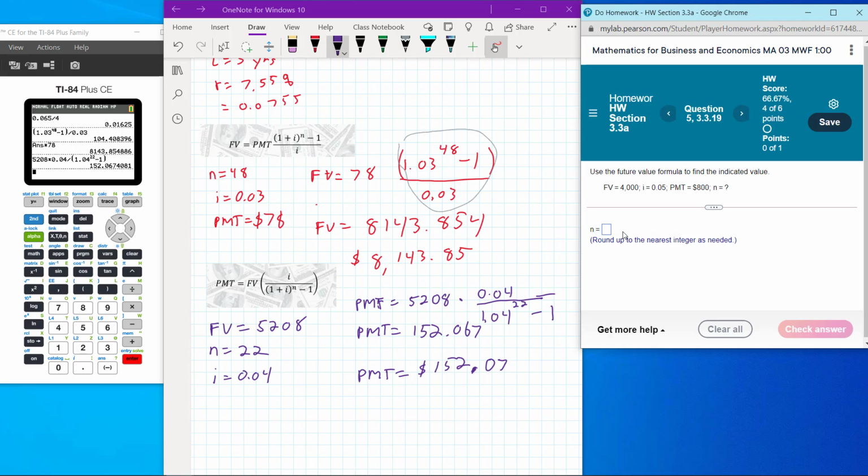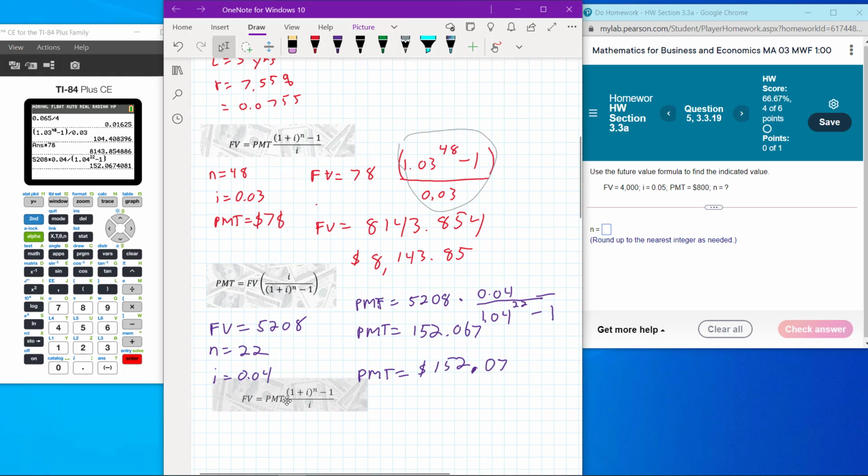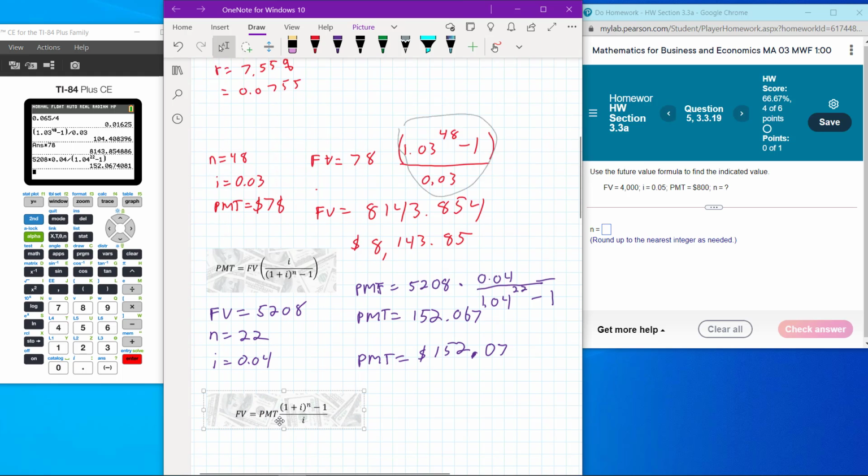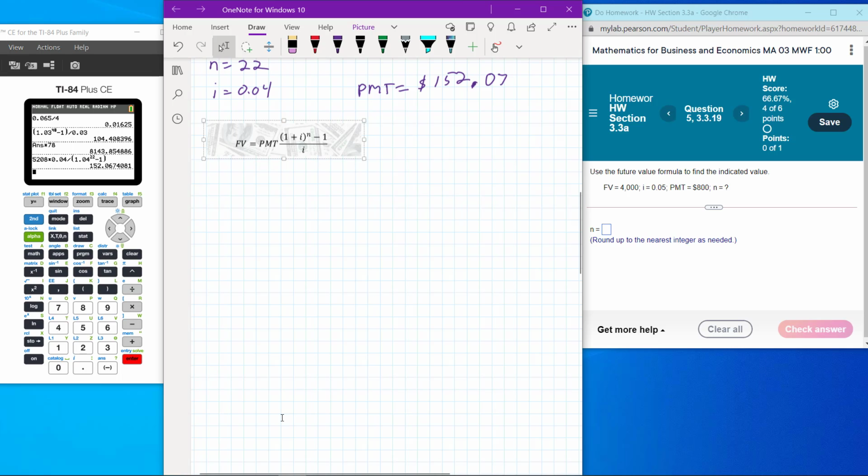Okay. And this brings us to problem 5, and it's pretty much more the same. However, now we want to use our future value formula, but we are looking for n. So that's going to be a little bit more challenging, but nonetheless, we are going to be using this formula here. Okay, so we have that the future value is going to be $4,000.